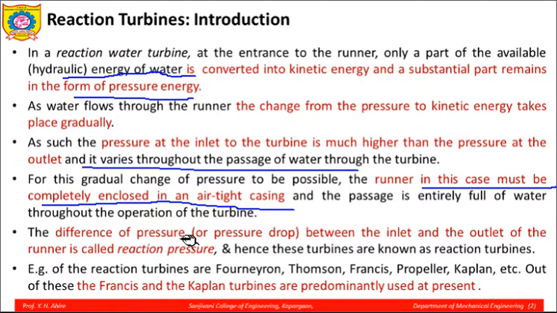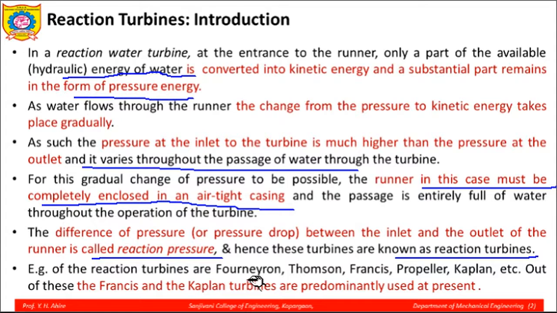The difference of pressure, that is pressure drop between the inlet and the outlet of the runner, is called reaction pressure, and hence the turbines are known as reaction turbines. As there is a difference of pressure between inlet and outlet, that is called reaction pressure, and the turbines are known as reaction turbines.